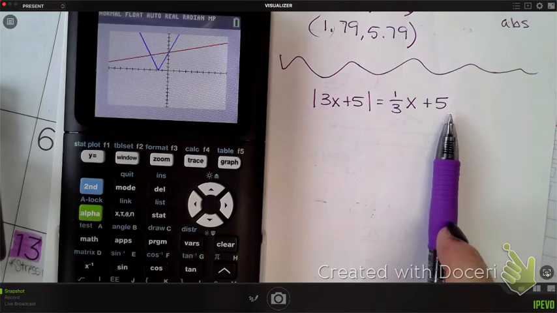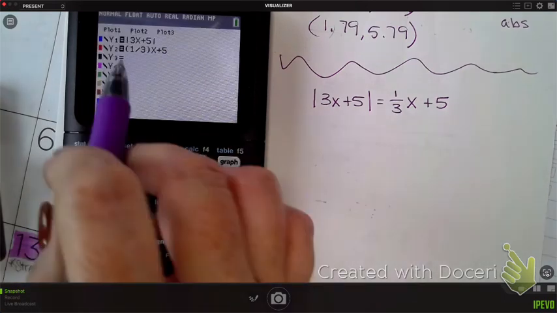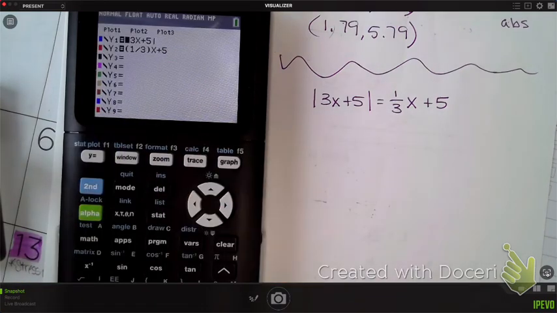Do I do 1 divided by 3x? Yeah, put a parenthesis, 1 divided by 3 parenthesis, divided by, put an x. And then plus 1. Okay, everyone got it?